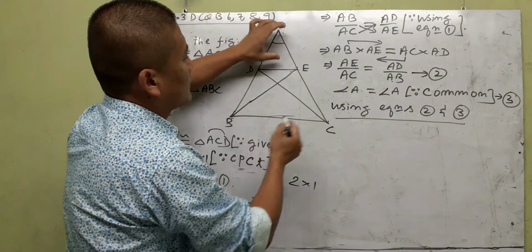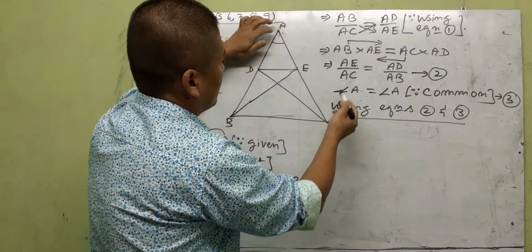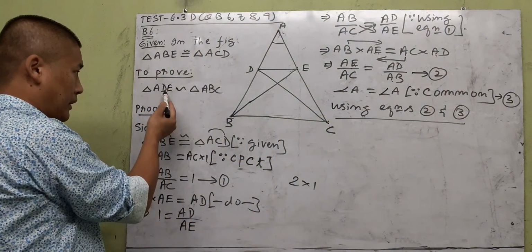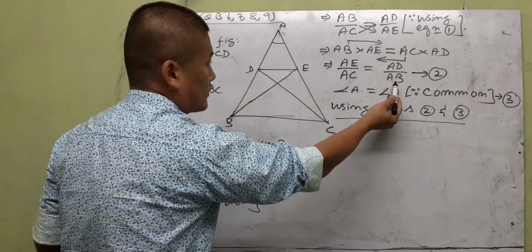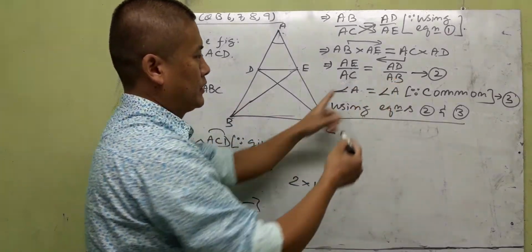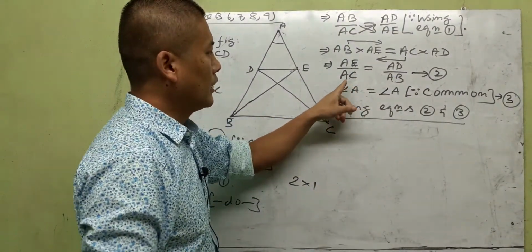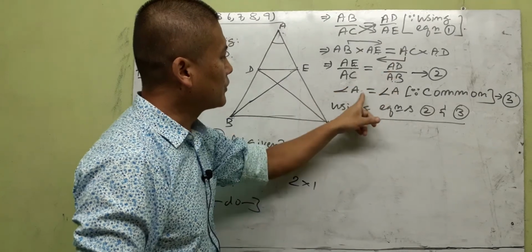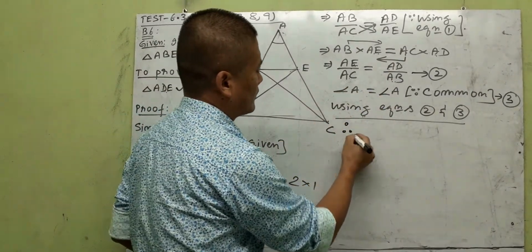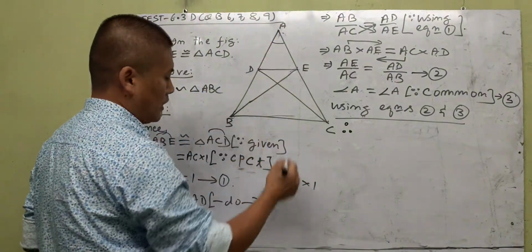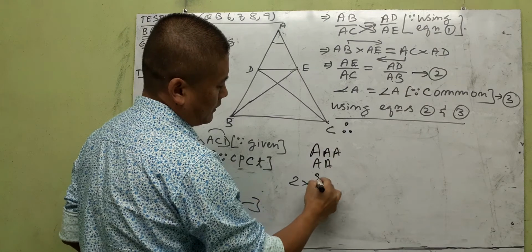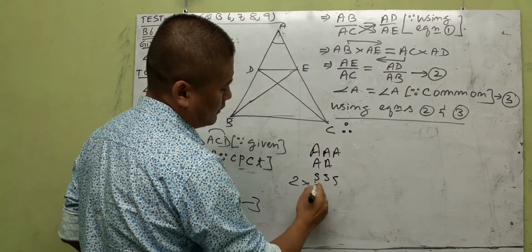So two sides of this triangle ADE and these two sides of the big triangle ABC are proportional because the ratios are equal, and the angles between them are equal. We know from our previous chapter that there are 4 similarity conditions: AAA, AA, SSS, and then one more, SAS.